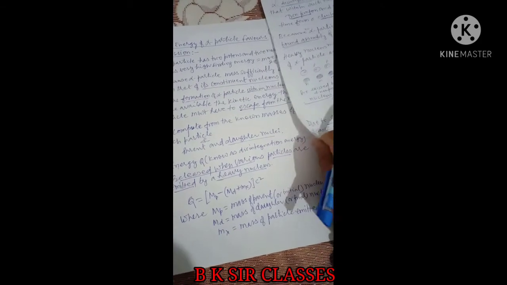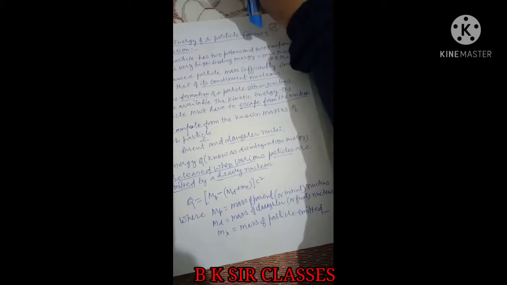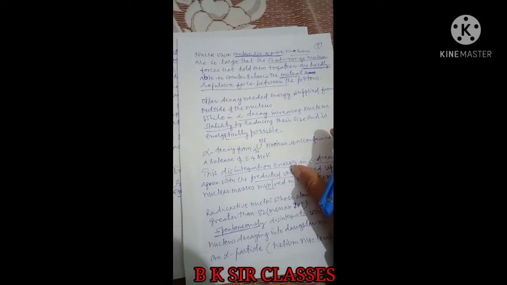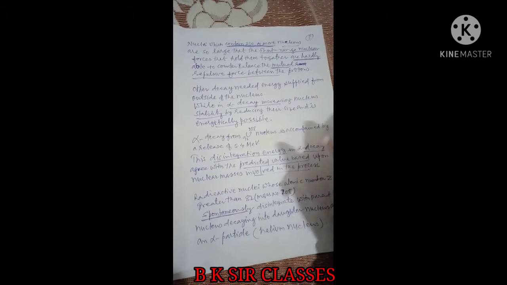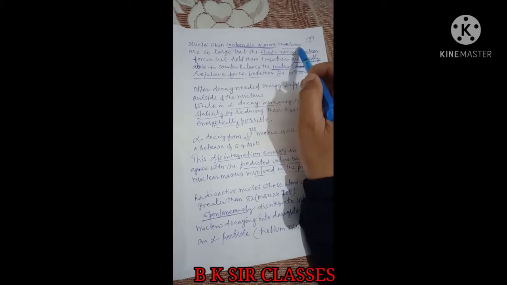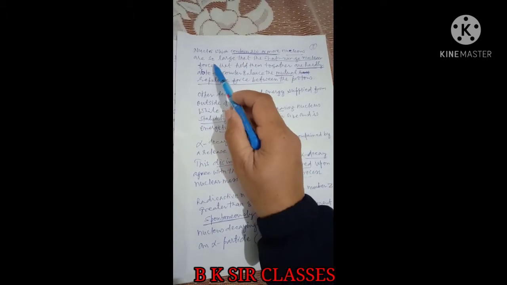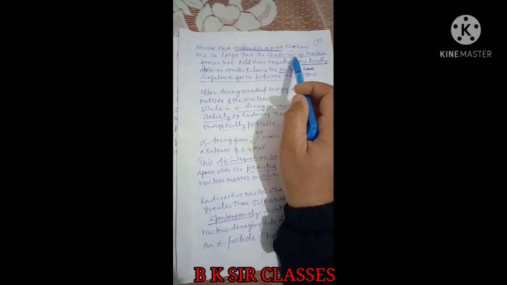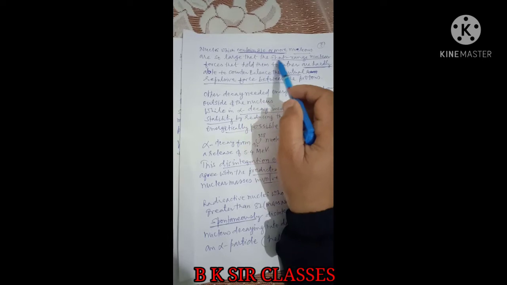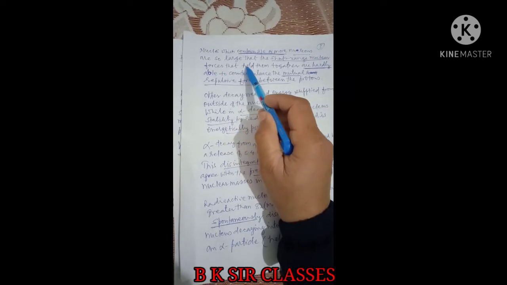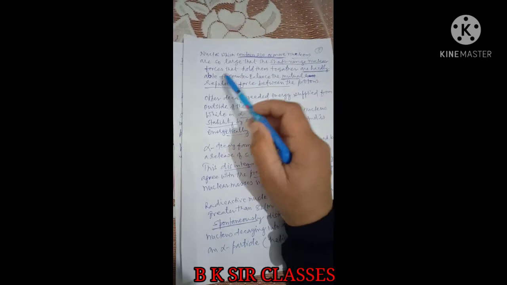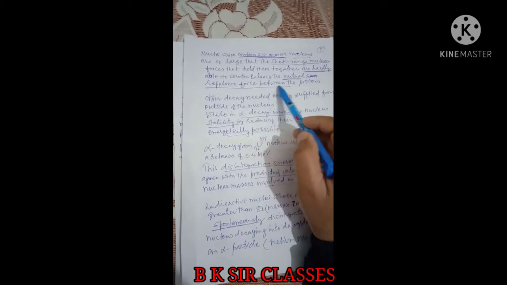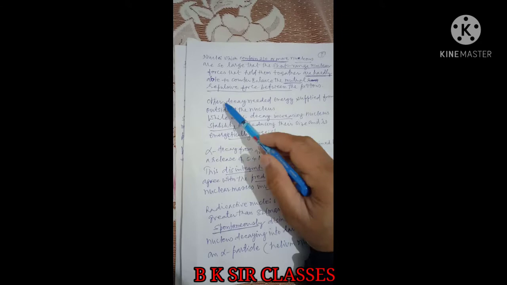Similarly, nuclei which contain 210 or more nucleons are so large that the short range nuclear force that holds them together is hardly able to counterbalance the mutual repulsive force between the protons.